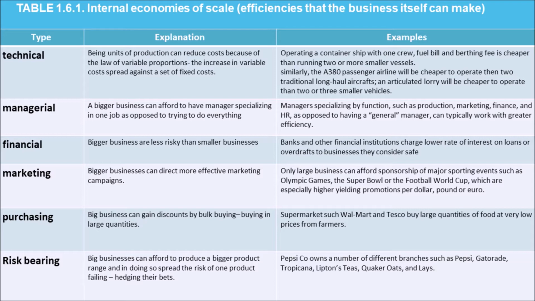4. Marketing. Bigger businesses can direct more effective marketing campaigns. Only large businesses can afford sponsoring of major sporting events such as the Olympic Games, the Super Bowl or the Football World Cup, which are especially high-yielding promotions per dollar, pound or euro. 5. Purchasing. Big businesses can gain discounts by bulk buying, which is buying in large quantities.